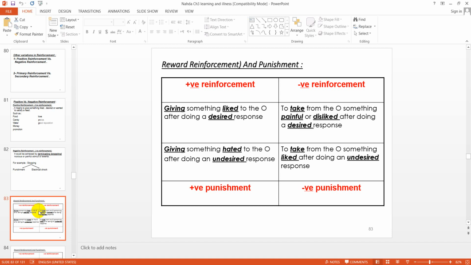But in positive punishment, we give something hated or disliked to the organism after an undesired response. In negative reinforcement, you take something from the organism, but this something is disliked or painful, after a desired response. But if you take something desirable or liked from the organism after an undesired response, this is negative punishment.